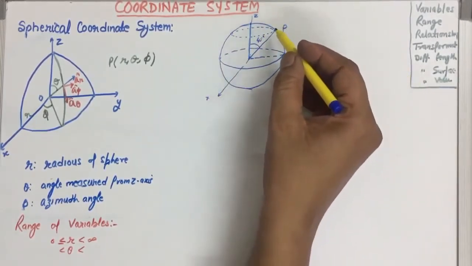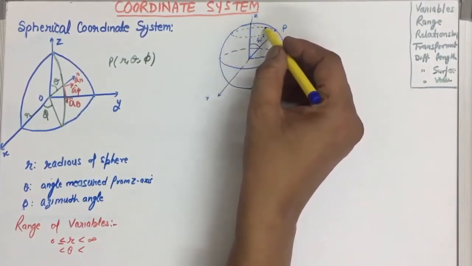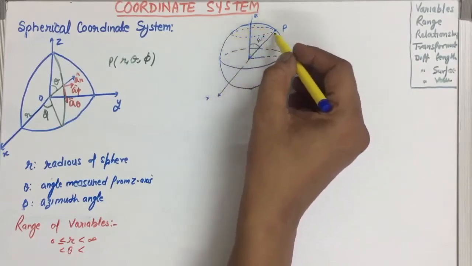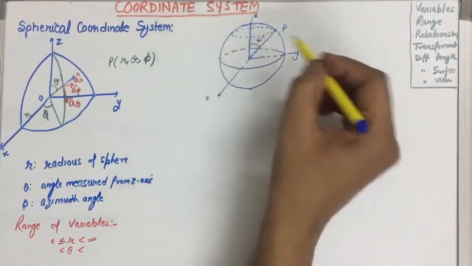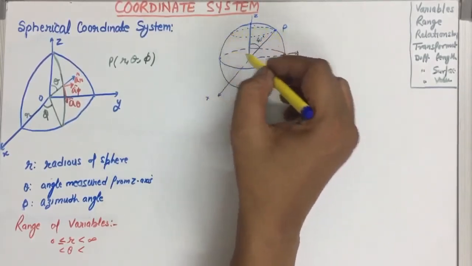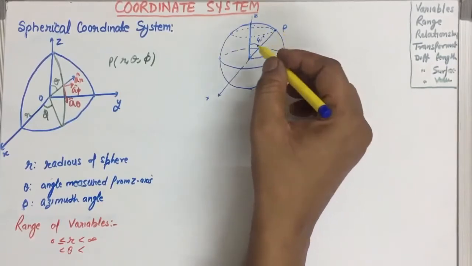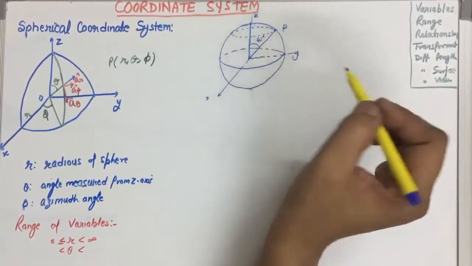So you have to move P. If you are moving anti-clockwise, then you have to move P like that. So to cover the full circular path, P has to move 2 pi radian at angle 45.